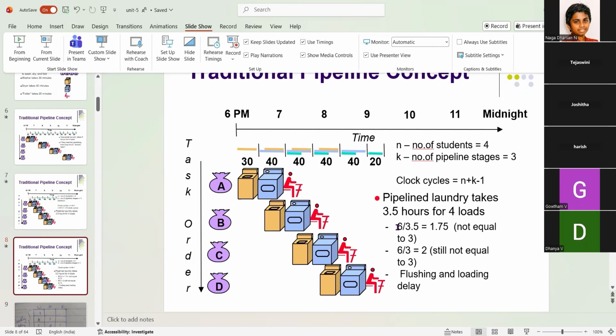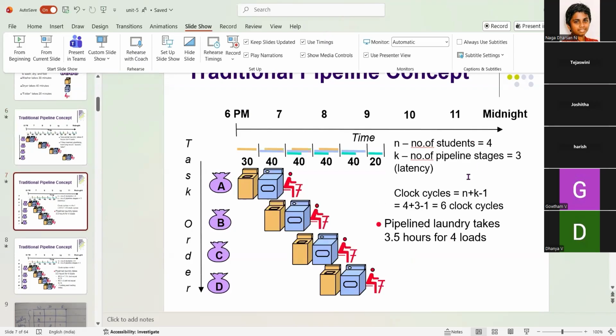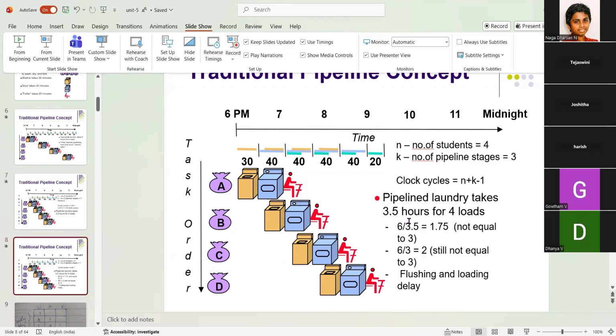In the first case, it took 6 hours in our non-pipelining condition, but in our pipelining condition, it just took 3.5 hours. So the speed up ratio, 6 by 3.5, is actually 1.75.